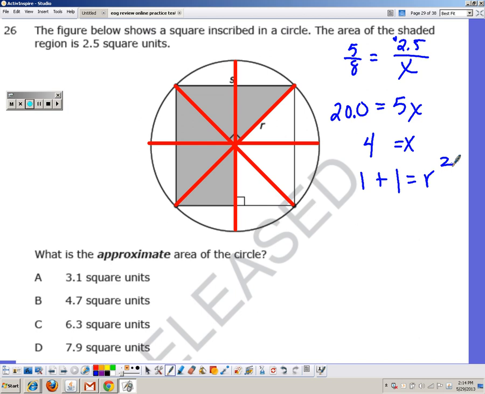Remember, it is Pythagorean theorem. 1 squared plus 1 squared is r squared. So that's 2 equals r squared. You're going to have to calculate the square root of 2. On your calculator, it would be 1.414. Alright, so after that, that's your radius.